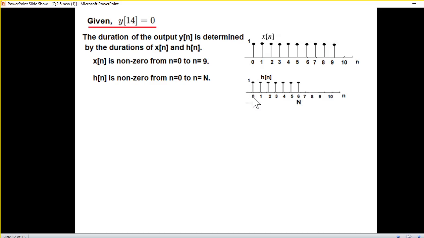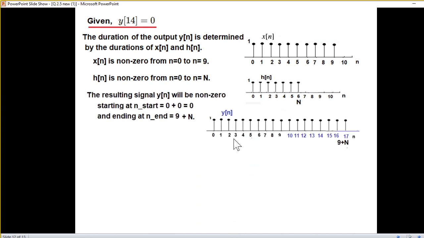So what is the lower limit? 0 plus 0. And what is the upper limit? 9 plus n, because in the convolution we actually overlap the signals, or in a way we can say that we add the signal. So the convolved signal starting point should be 0 plus 0 is 0, and the end point should be 9 plus n.